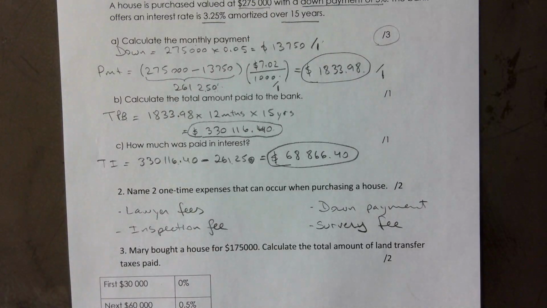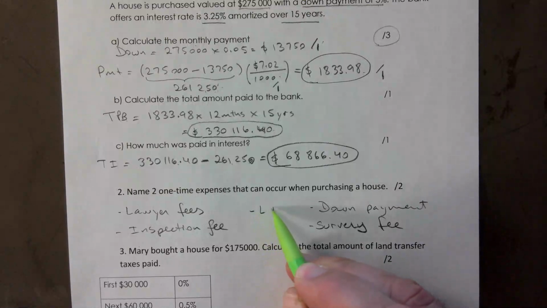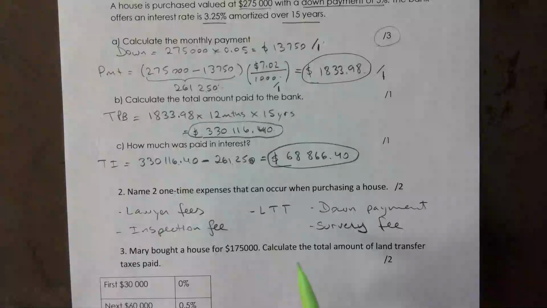I don't know what else you wrote down. Land transfer tax, right? It was right in here. You can say land transfer tax. Please write it out though. I'm just saying you can do that. Okay.